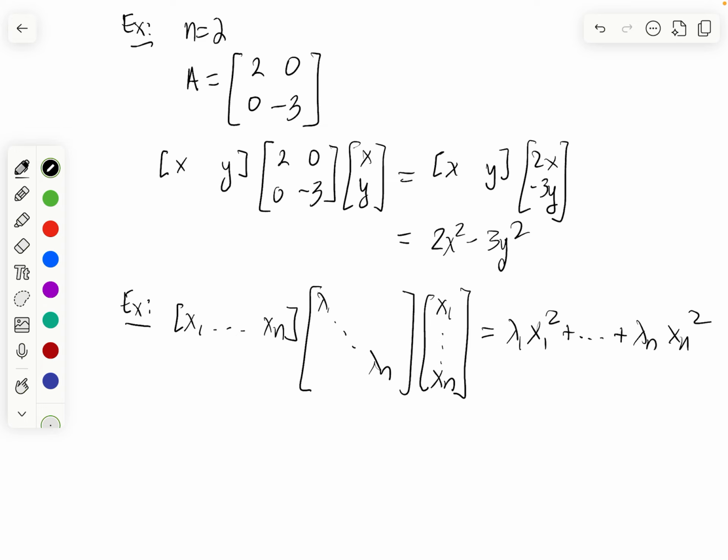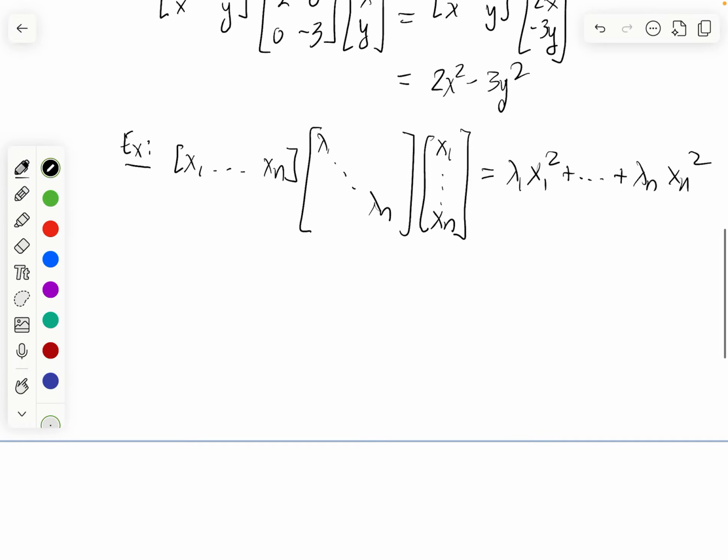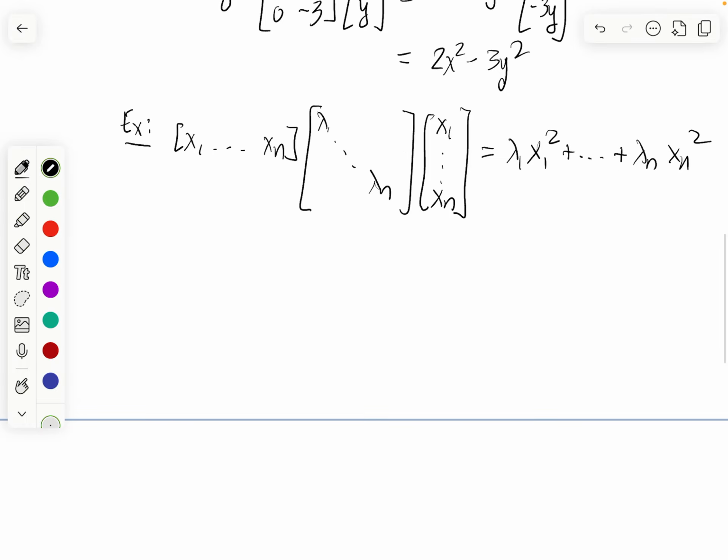So that's a more general example of a quadratic form: some constant times x1 squared plus another constant times x2 squared, all the way to a constant times xn squared. And that's the quadratic form you get if A is a diagonal matrix.